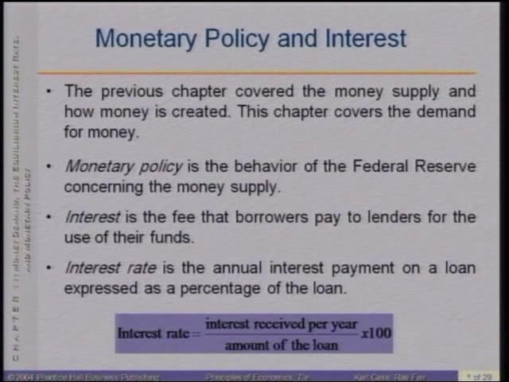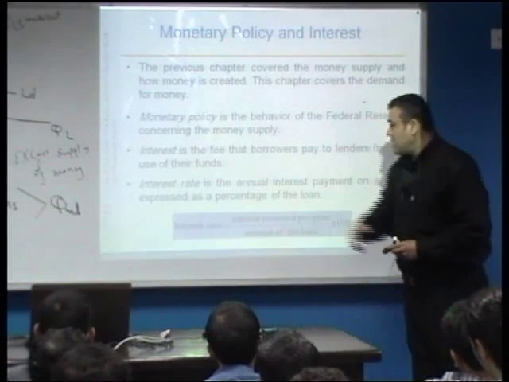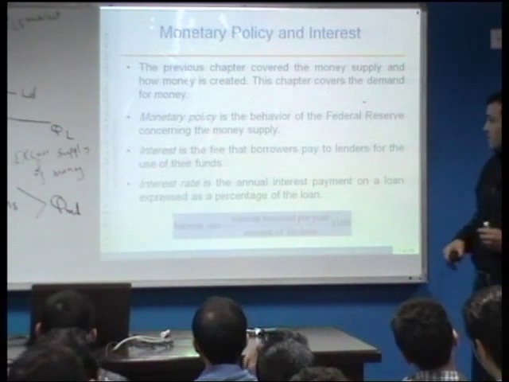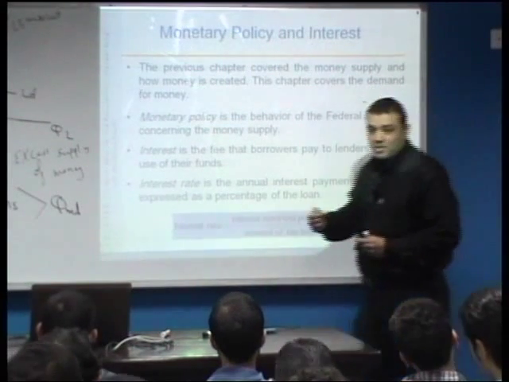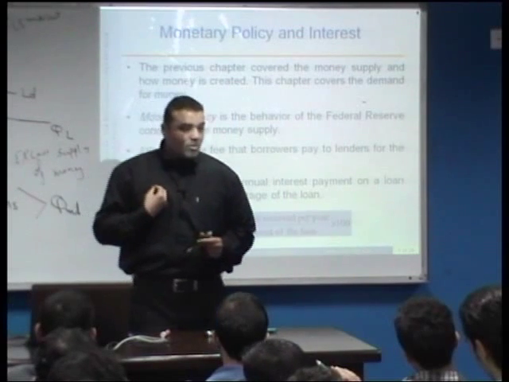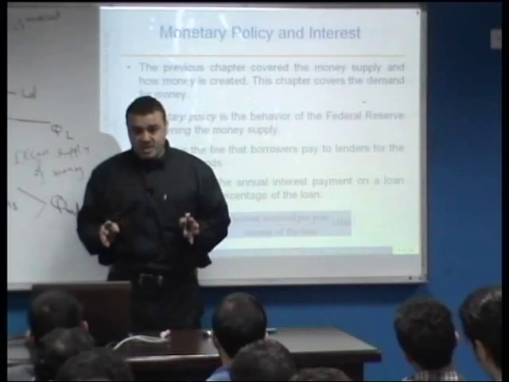The interest rate, as you see, is what? It is the fee that the borrowers pay to the lenders for the use of their funds. So suppose that you went to the bank to take a loan. In this case, you have to pay a fee, which is the interest rate.